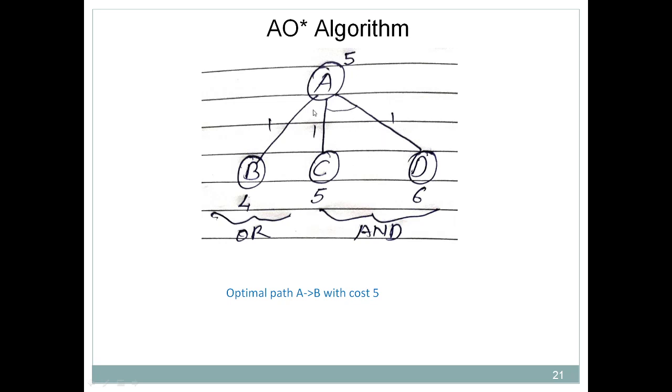If you opt for this particular branch, then its cost is 13, but if you opt for this particular OR graph, then its cost is 4 plus 1, 5. So which one is less? Obviously 5 is less than 13. That's why we have set its new value as 5. This is the new h value for this particular A. Okay, so this is a simple example.